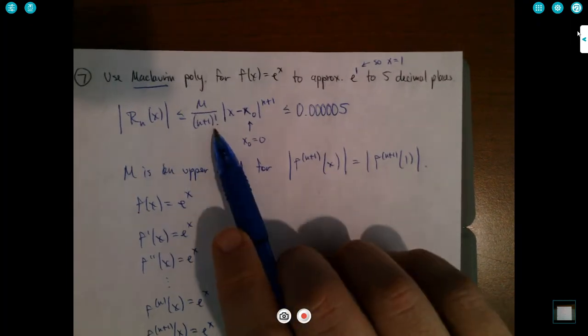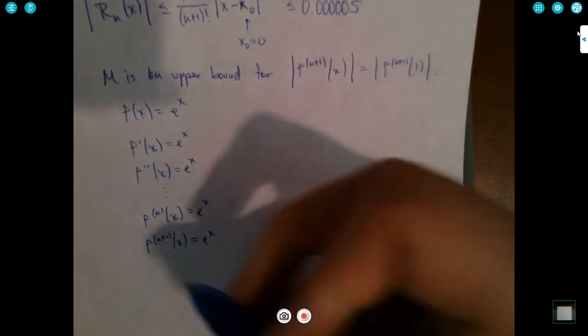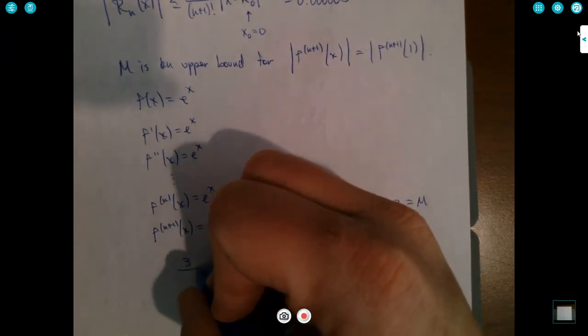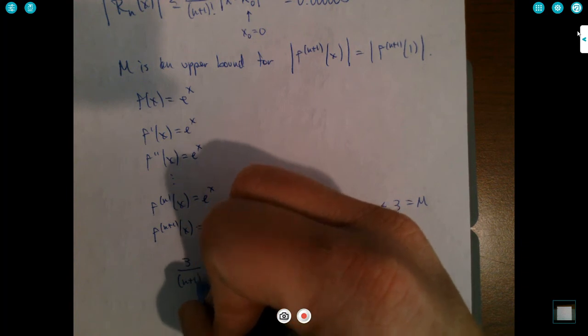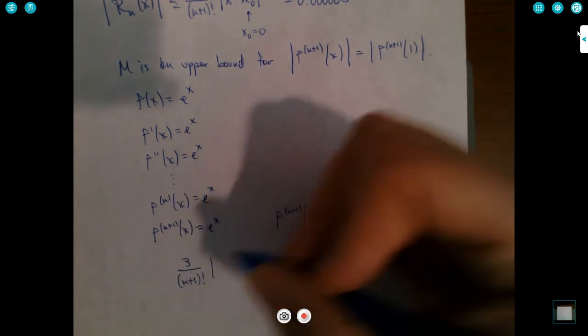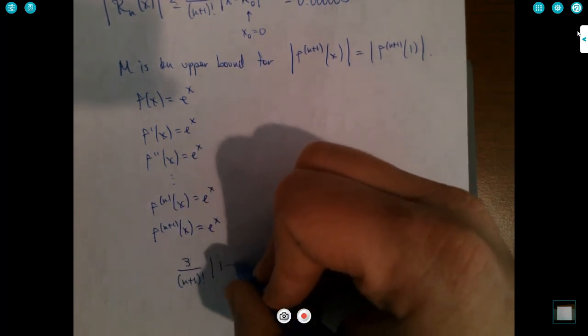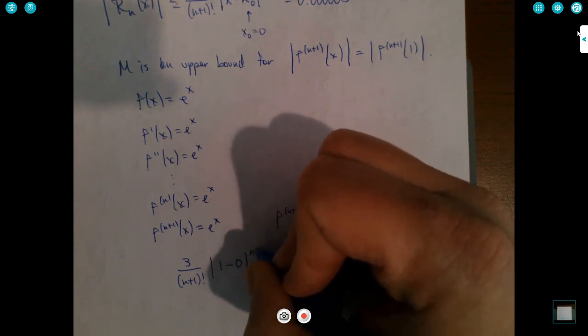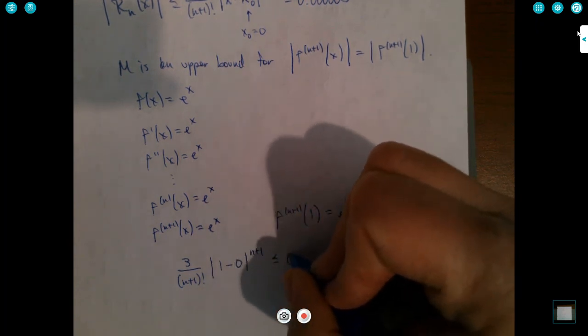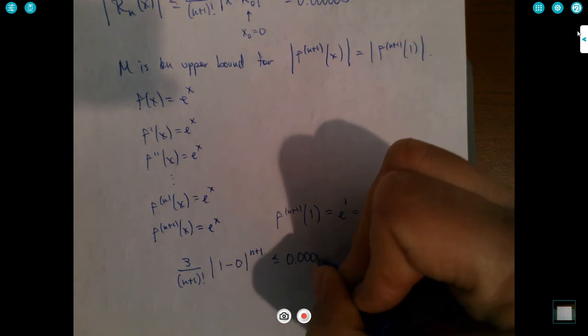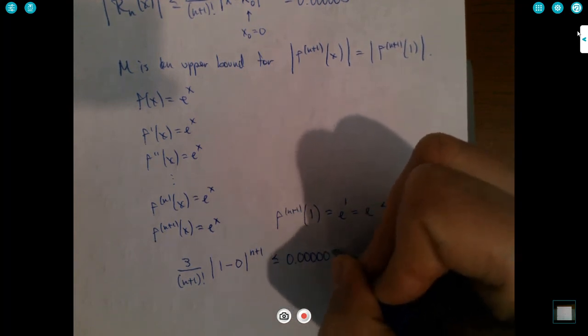Okay, so let's plug in what we know then. We know that we need 3 over n plus 1 factorial times the absolute value of x minus x naught to the n plus 1 to be less than or equal to 0.000005.